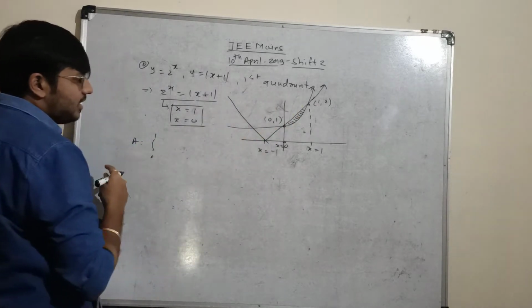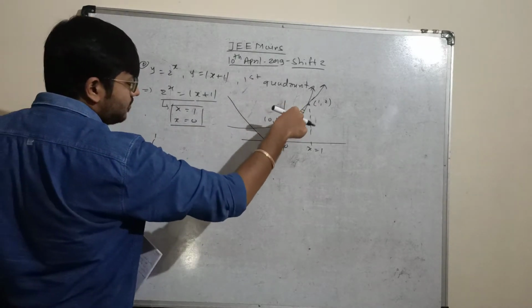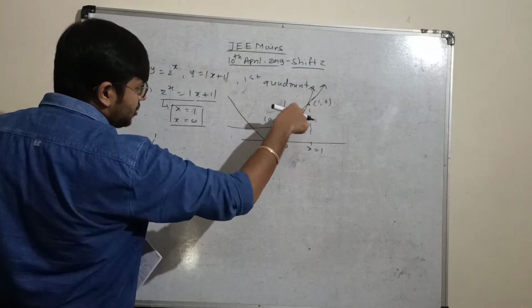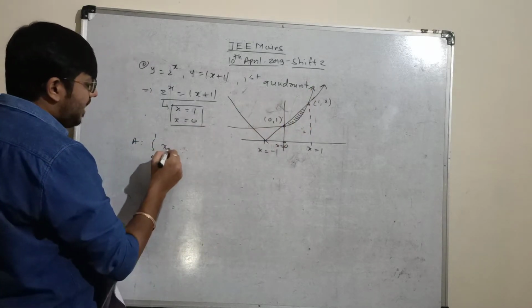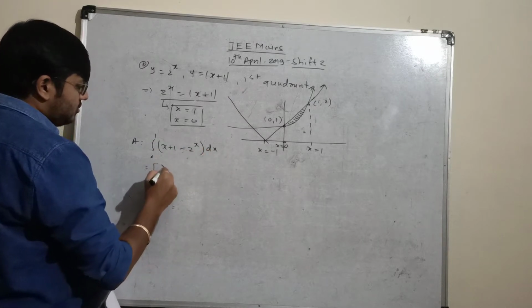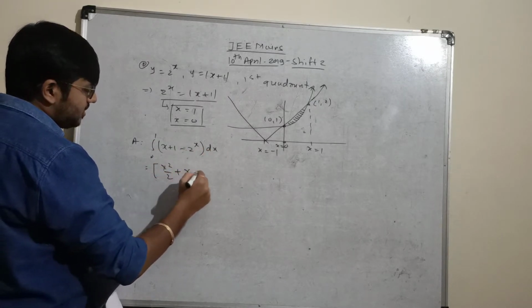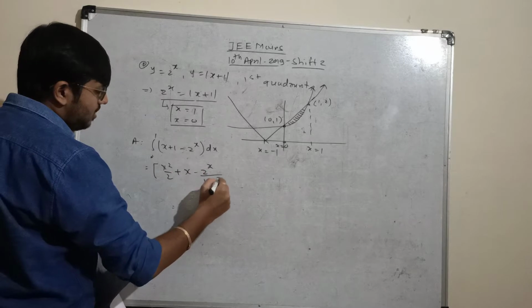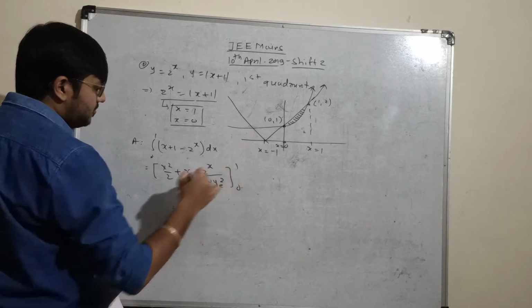We can subtract 2 raised to x from the line. So it will be the integral of x plus 1 minus 2 raised to x dx. So x square by 2 plus x minus 2 raised to x by log 2 with base e, from 0 to 1.